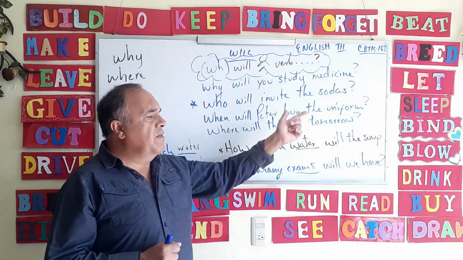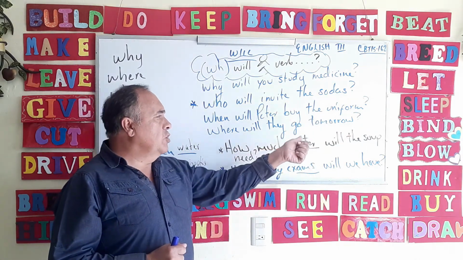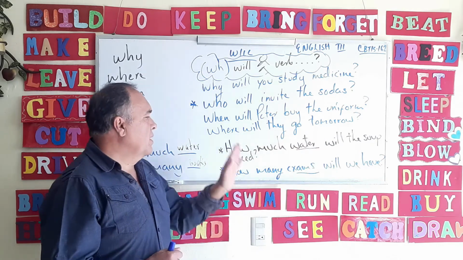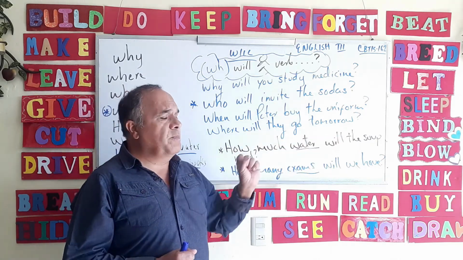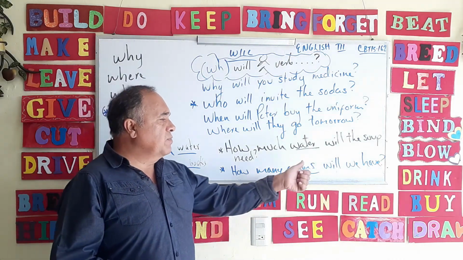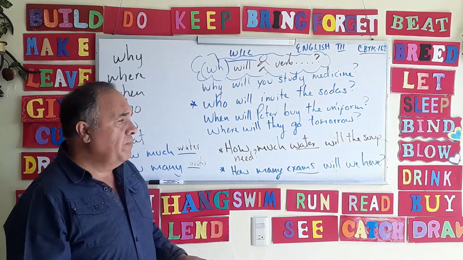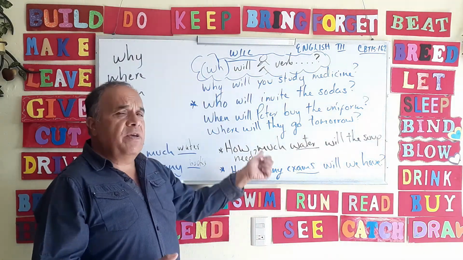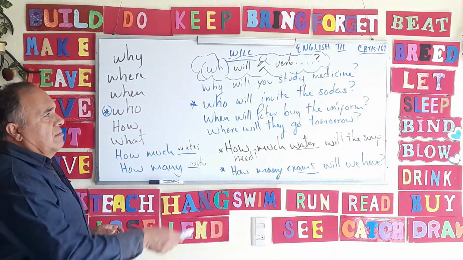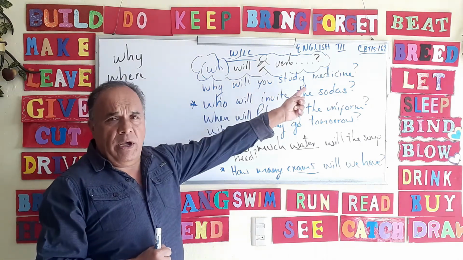When will Peter buy the uniform? Next week. Where will they go tomorrow? To the park. How much water will the soup need? A liter of water, maybe. How many exams will we have? Only two exams.